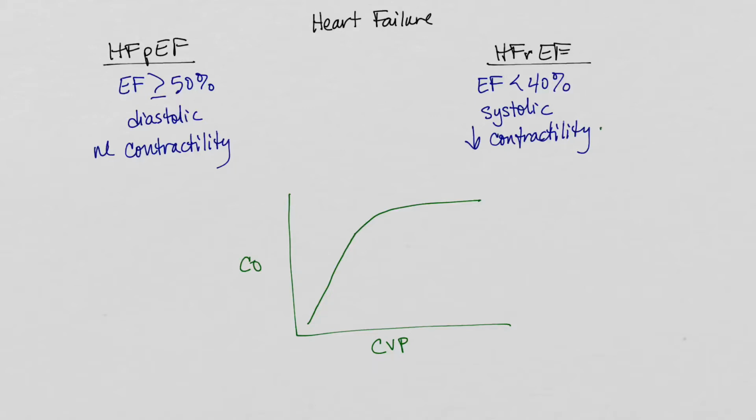You do still have an increase in cardiac output up to a certain point with increased filling. It's just not enough to compensate for the loss of contractility. You can see that we're operating at a lower cardiac output even with the same amount of filling pressure.